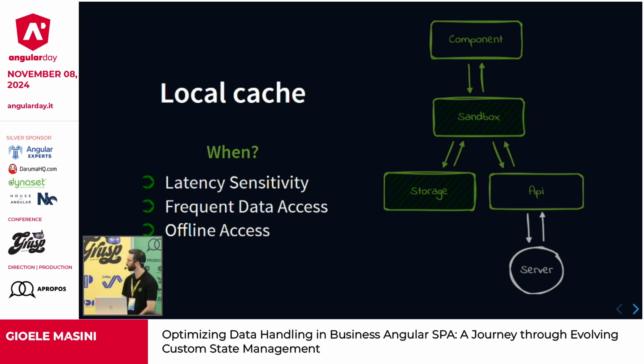From our components, from its perspective, it is simply the only way to access our data, so to read or to edit our data. Our sandbox is an abstract layer to divide our UI logic from our business logic and our APIs.